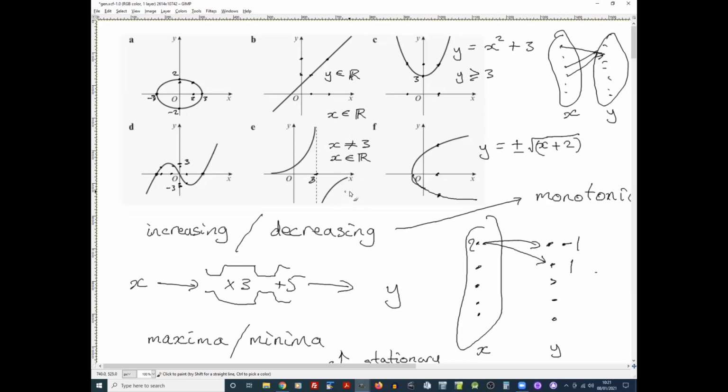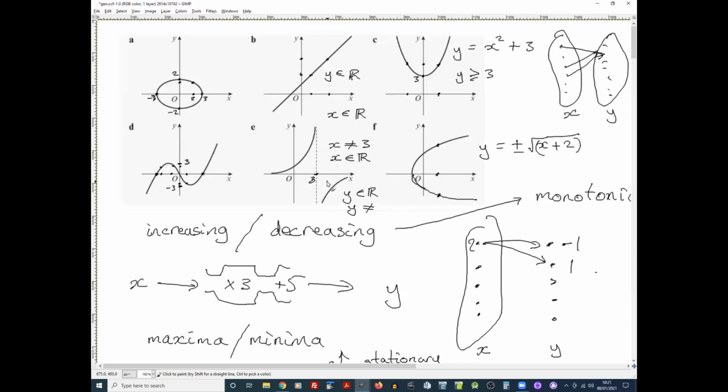Whereas the range will be any value of y. y is any real number, any at all. The asymptote doesn't affect it, does it? Well, there is another asymptote.